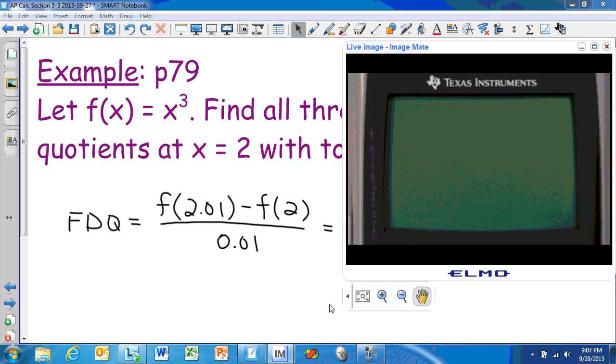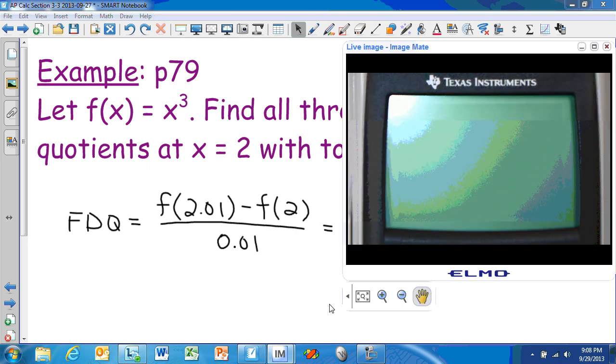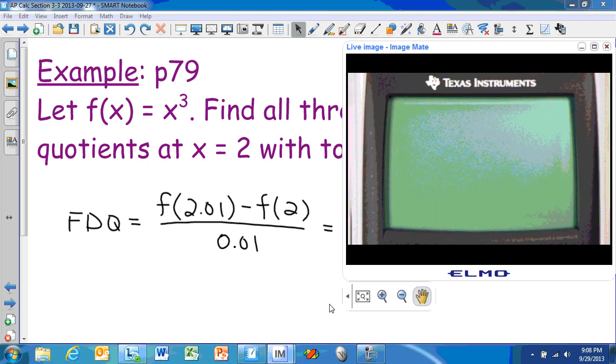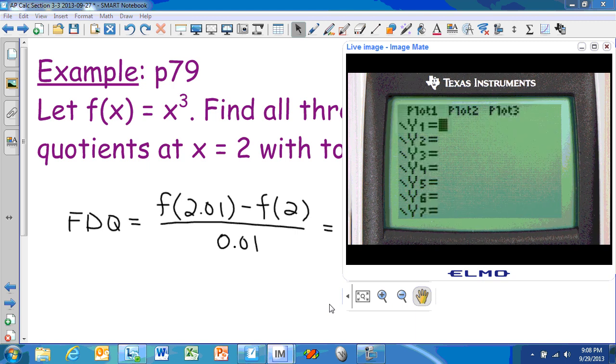Let's see if I can make that a little bit easier for you to see. In y1, we're going to punch in your function, which is x cubed. Then back on the home screen, I'm going to have it calculate these difference quotients. Grab your y1 variable from the VARS menu.